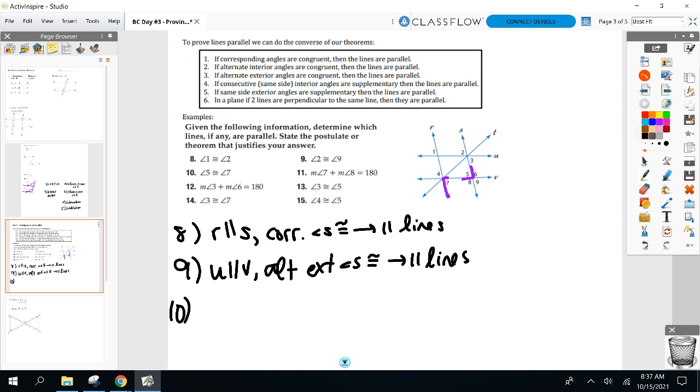R and S again. Nice. R parallel to S. What type of angles are 5 and 7? Alternate interior. So alternate interior angles congruent implies parallel lines.